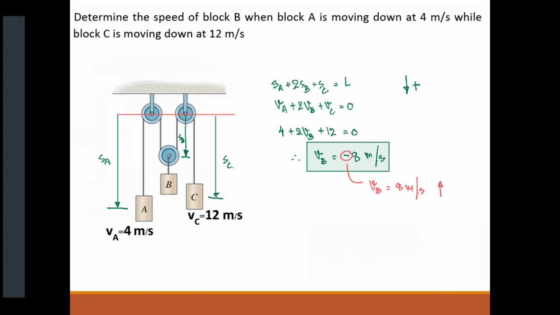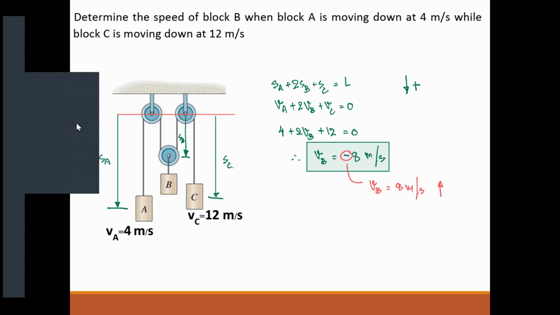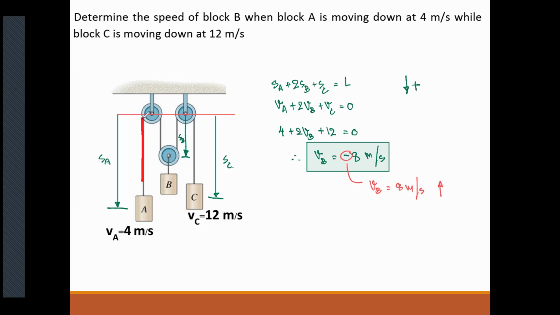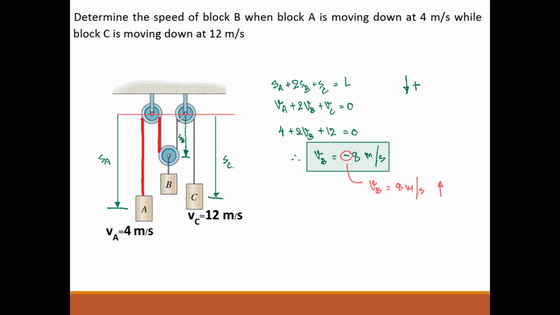If we consider this line, this line, and this line, actually it is the same rope, so it's equal to SA. If we draw the picture, maybe just draw only this, that should be all right.